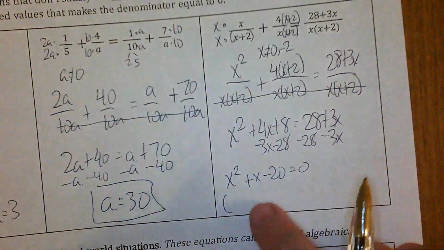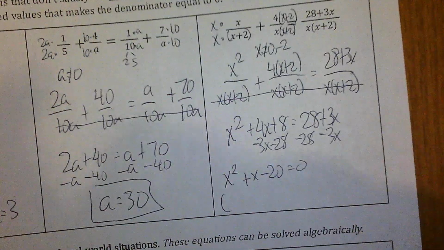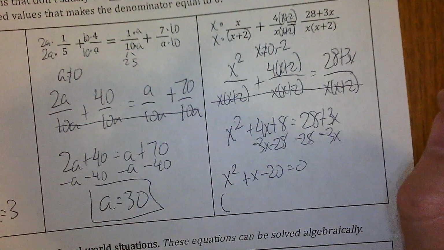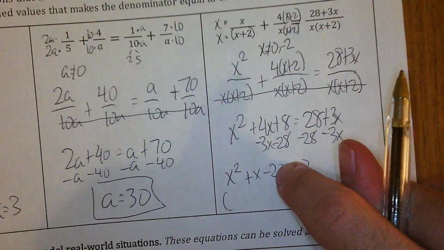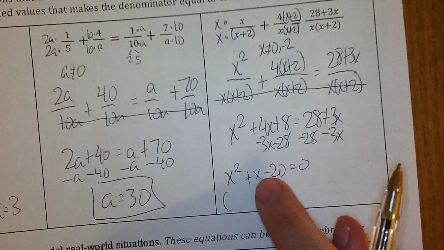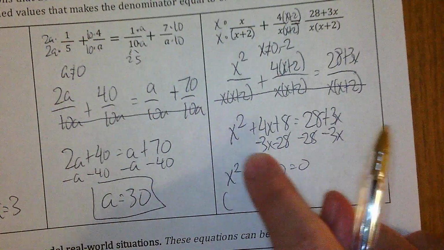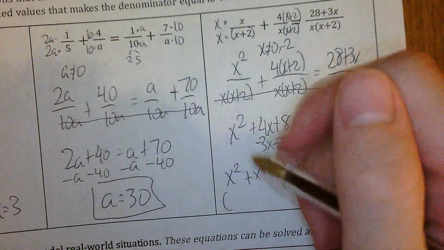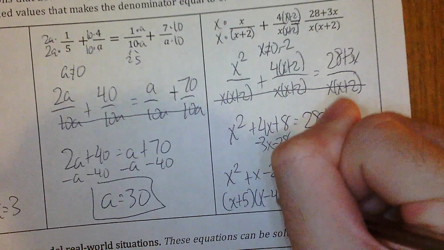Now to factor this, we need numbers that add up to 1 and multiply to make negative 20. Well, we know 5 and 4 multiply to make 20. And which one's going to be positive? The negative comes from one being positive and one being negative. Since it needs to be a positive sum, it's going to be 5. So x plus 5 times x minus 4.